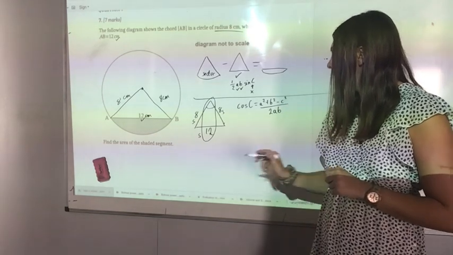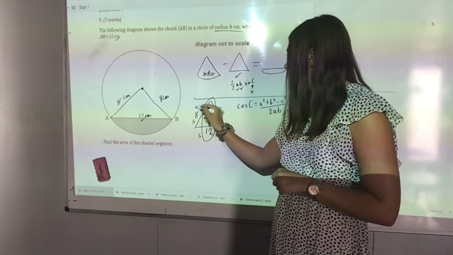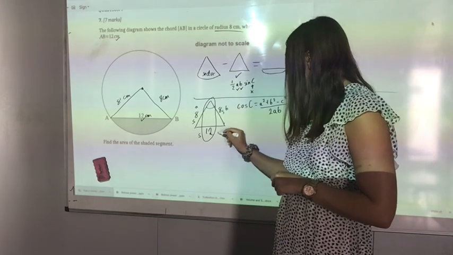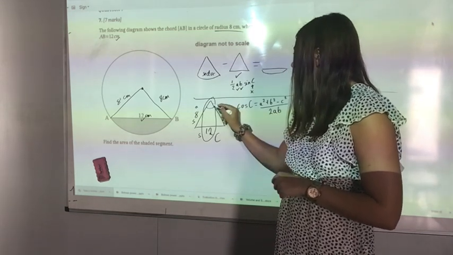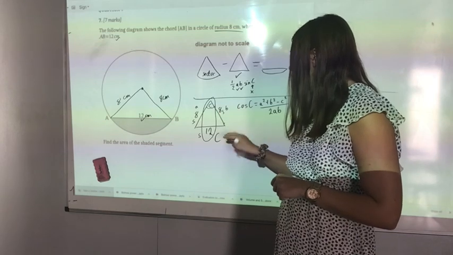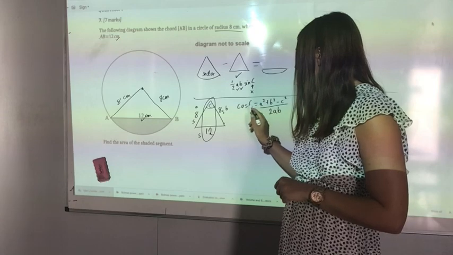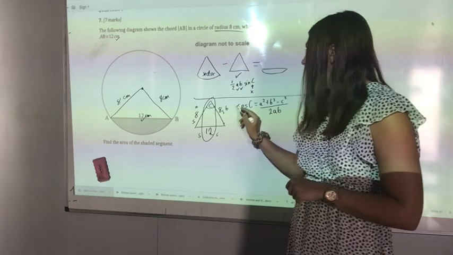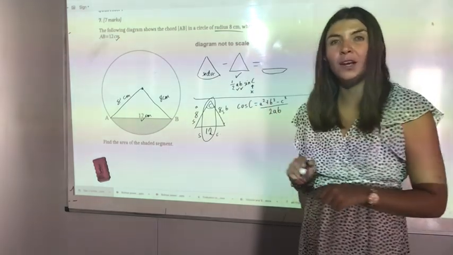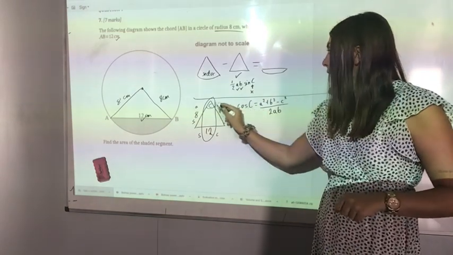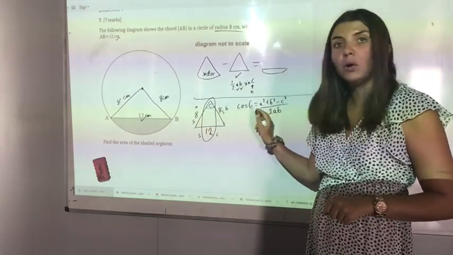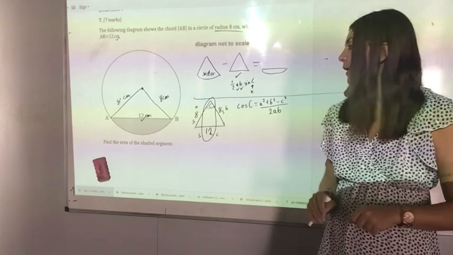Now, we need to label each of the relevant sides. So we're going to label this A, B, and this C. The reason why is because the C's reflect the angle in this problem. Basically, I can set up this formula so that the angle is always going to be on the left-hand side, isolated by its own.